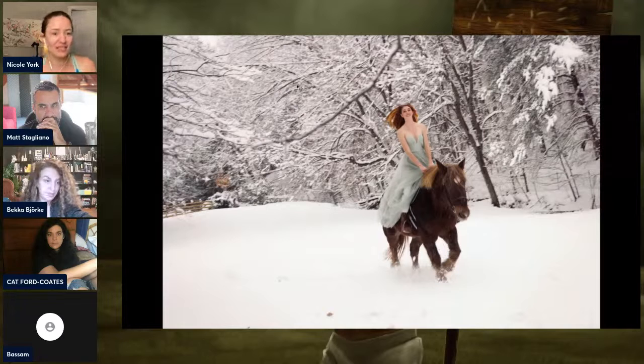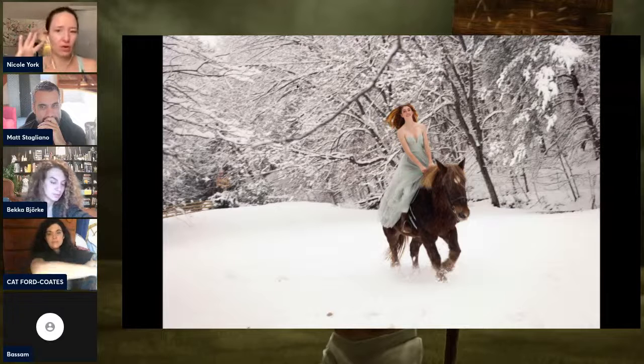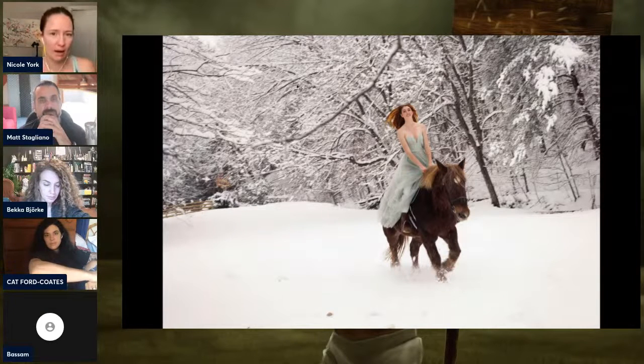Because how often is a beautiful girl in a beautiful dress riding a shaggy pony in the wintertime in this gorgeous location? So maybe you can give us some insight into putting this image together, and specifically what it was about this environment that made it important for us to understand something about what you wanted to say about the subject.